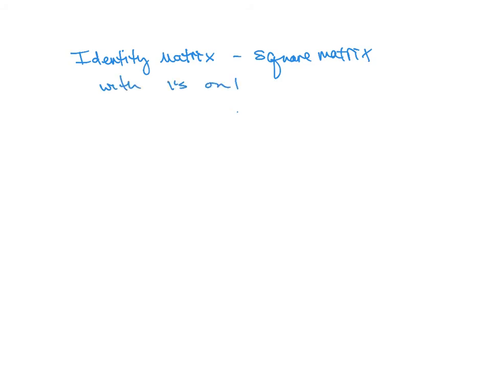Okay. And at the end, you had what you call an identity matrix. An identity matrix is a square matrix with ones on the main diagonal.